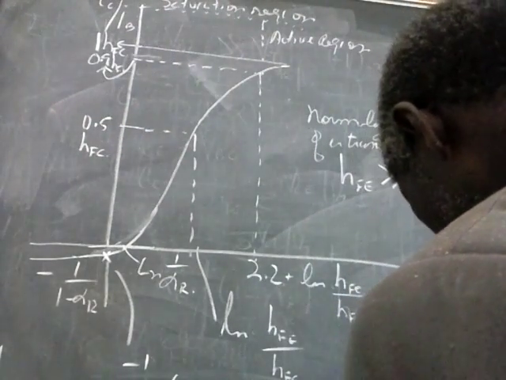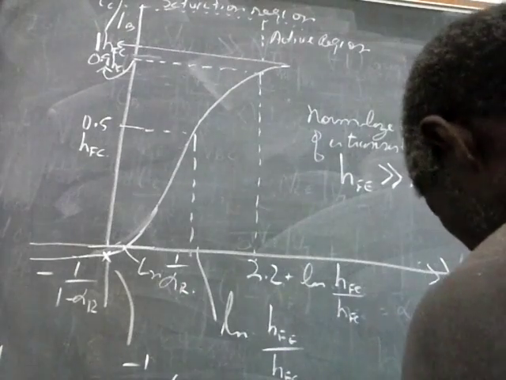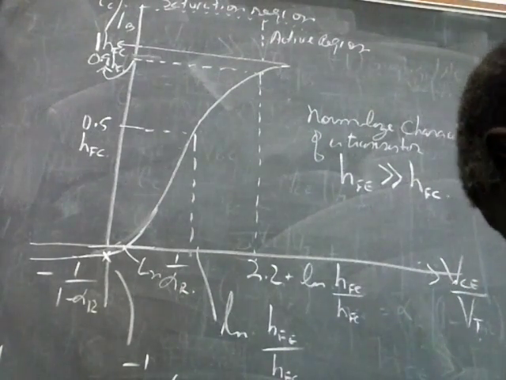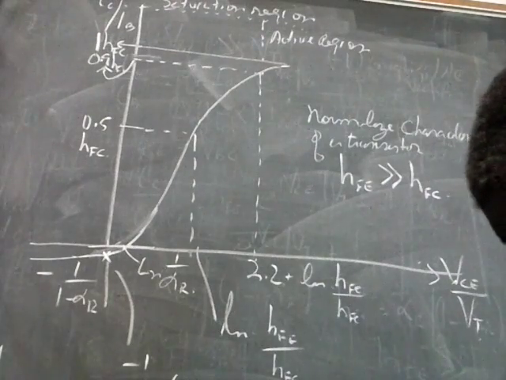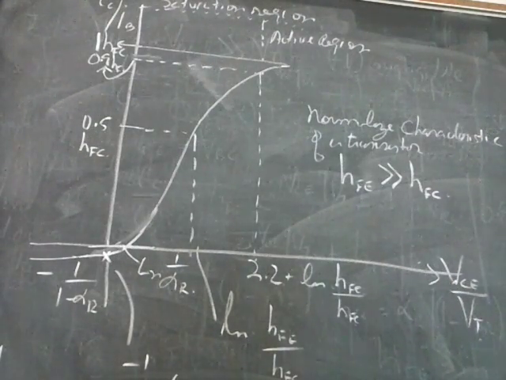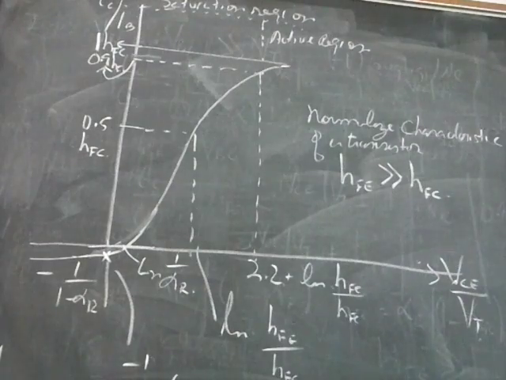However, if HFE equals 100 and HFC equals 0.1, that's the difference. At one time HFC equals 0.01, so this is 10 times as much HFC.